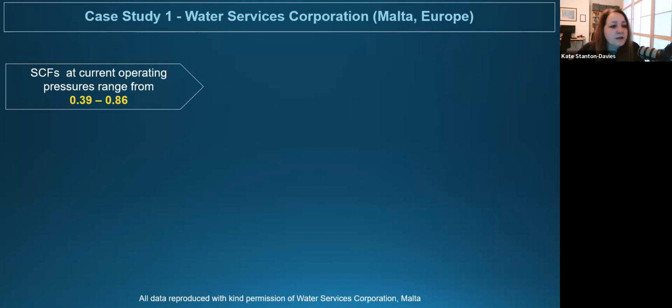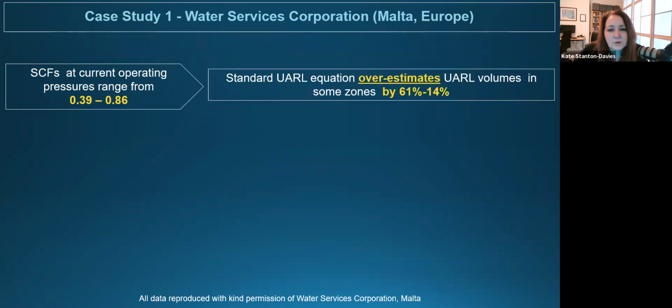What we saw in summary were SCFs which ranged from 0.39 to 0.86 at their range of current operating pressures, which meant that the standard UARL equation was overestimating UARL volumes in some zones by between 61% and 14%.